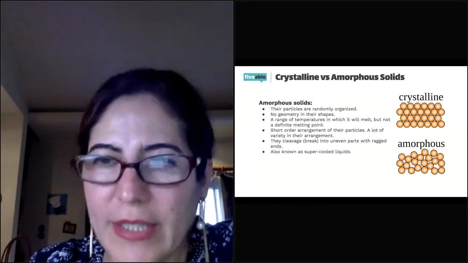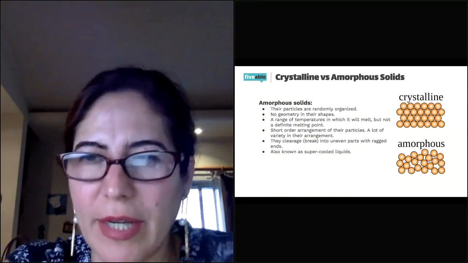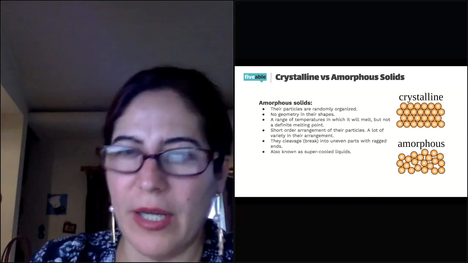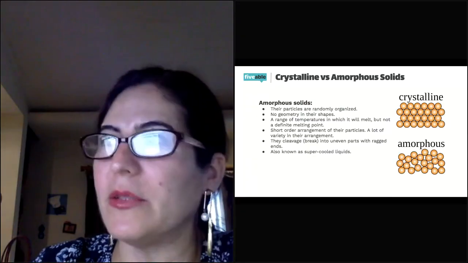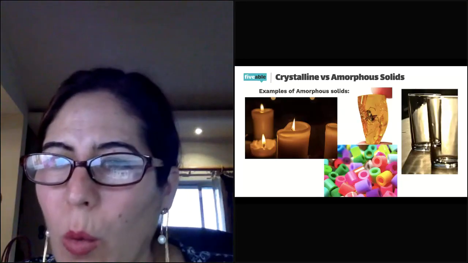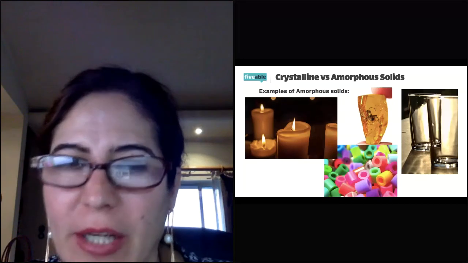Okay, yes, a water bottle would be an amorphous solid, correct? Excellent, Matthew, thank you. Yes, examples of amorphous solids would be wax and plastics. Why are they called supercooled liquids if it's a solid?